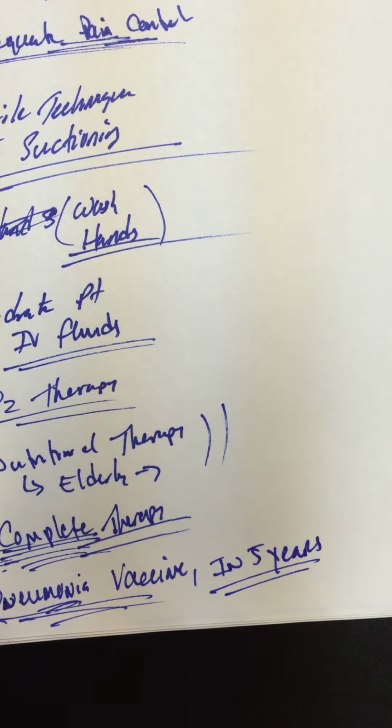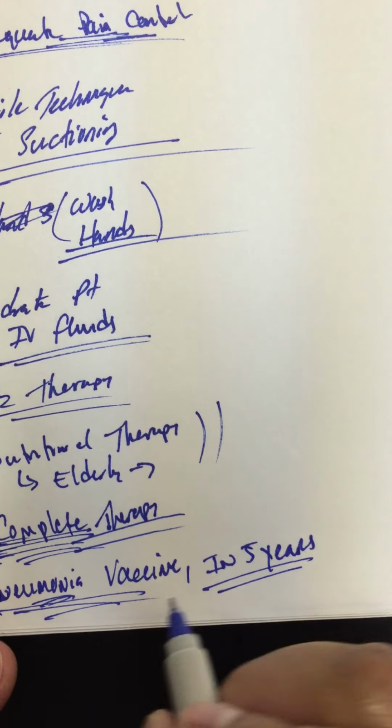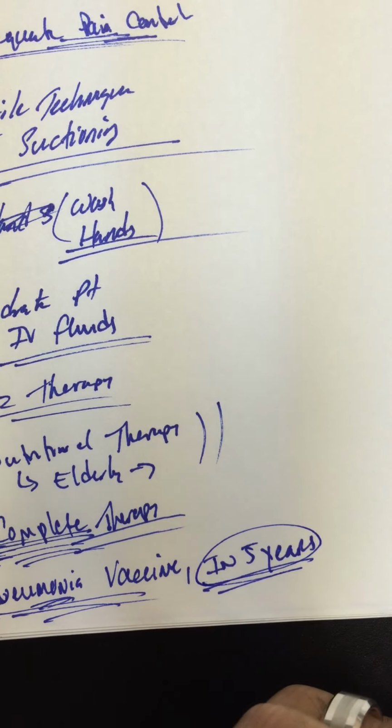Okay, so if they got it at age 50, 55, then they would need to be revaccinated at age 60, 65. Okay, so revaccination occurs in 5 years.